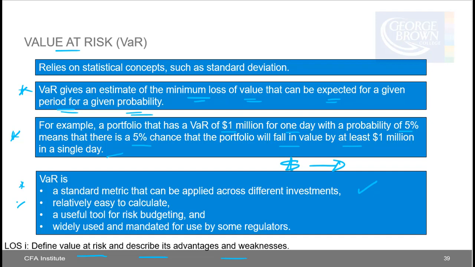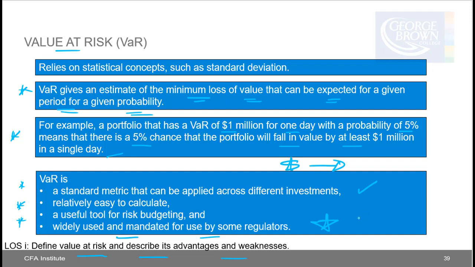Another advantage is that it's relatively easy to calculate, and it's a useful tool for risk budgeting. And also, this is an important point to note, it is widely used and mandated for use by some regulators, okay?